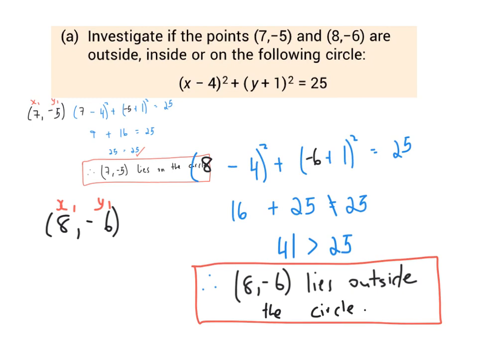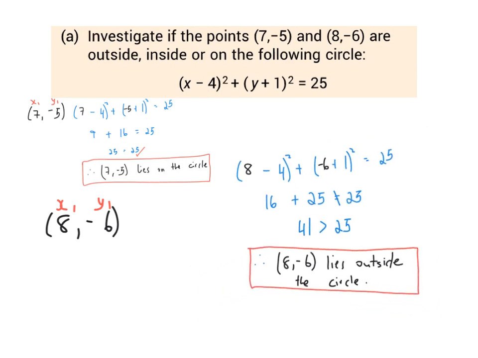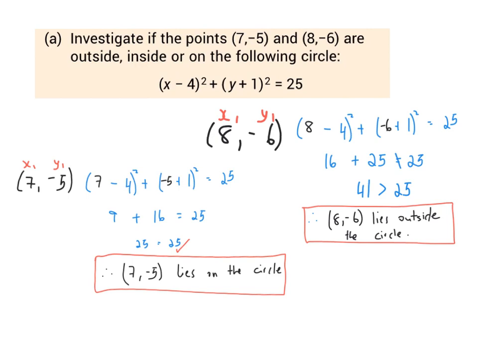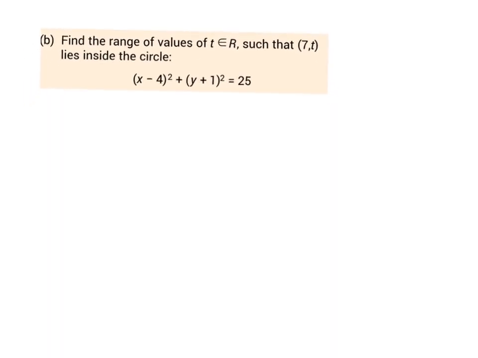Okay, and very quickly we'll look at the other example given, and it asks us something similar, and that is very simply to find the range of values. So this time it's to find a possible value for t when given that the point 7, t lies inside the circle. So here we're going to do the exact same process.